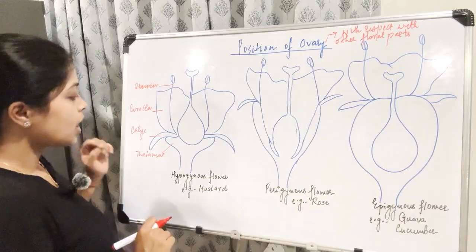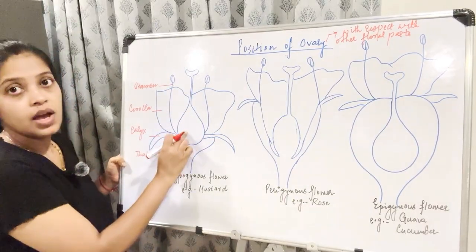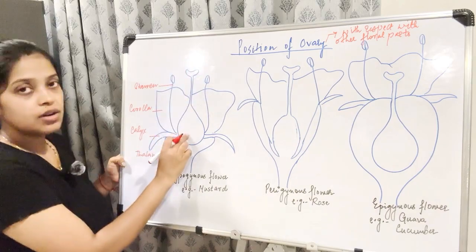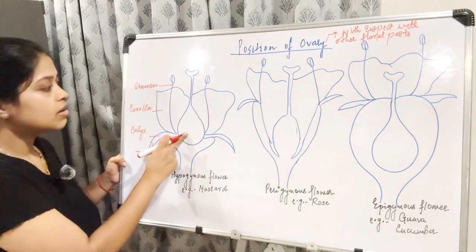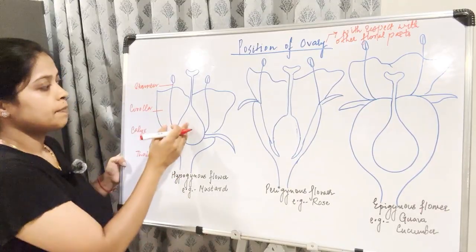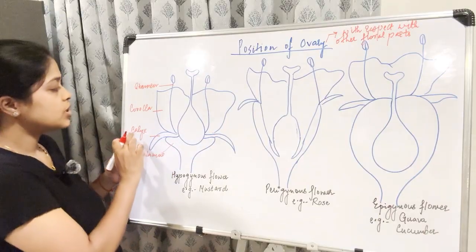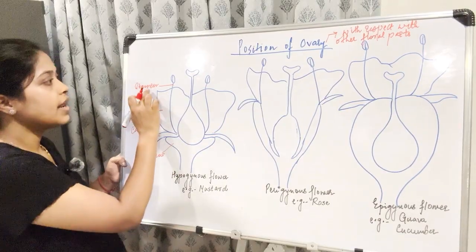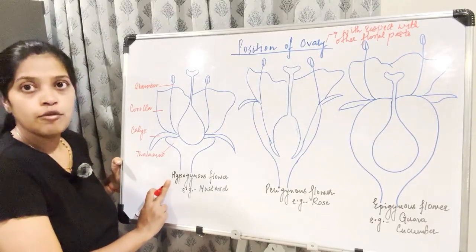What are these? So this is the center one, the carpel. When the ovary is superior with respect to the calyx, corolla and stamen, it is called a hypogynous flower.